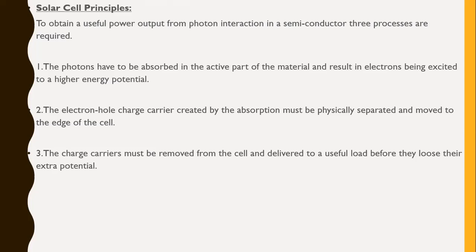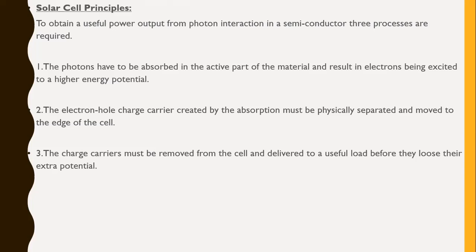Once these electrons are created, there must be an electric field to induce these higher energy electrons to flow out of the semiconductor for our useful work. Okay, in most solar cells this electric field is provided by a junction of materials which have different properties.